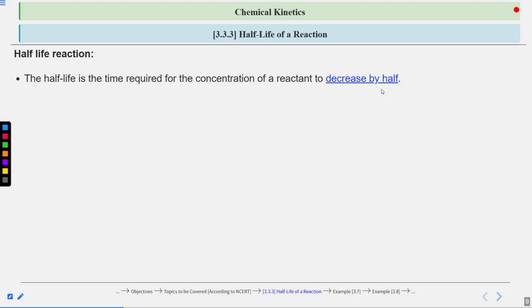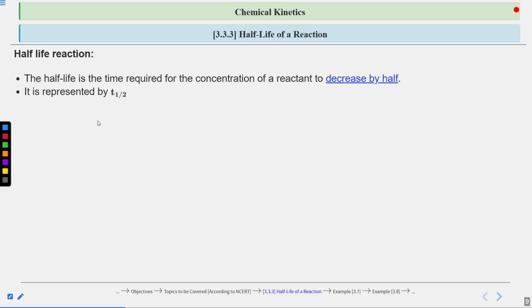Total life means how much time the concentration of the reactant is present, is living. That is called life. But half-life means when the concentration of reactant decreases by half. In how much time the concentration of the reactant decreases by half, that is considered the half-life of that reactant.